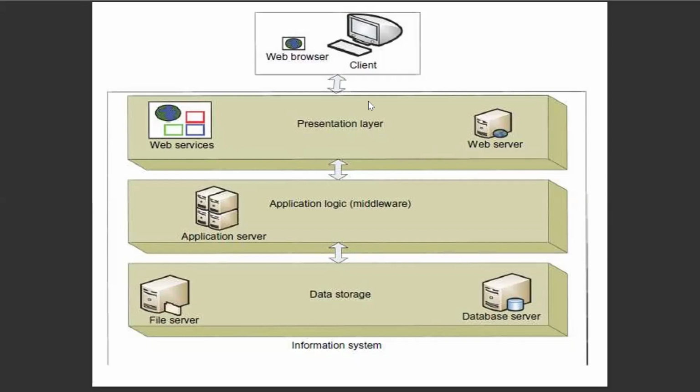It takes the request from the client and sends it to the information system, which processes it and sends it back to the client as a response, processed from the application logic or the data storage.